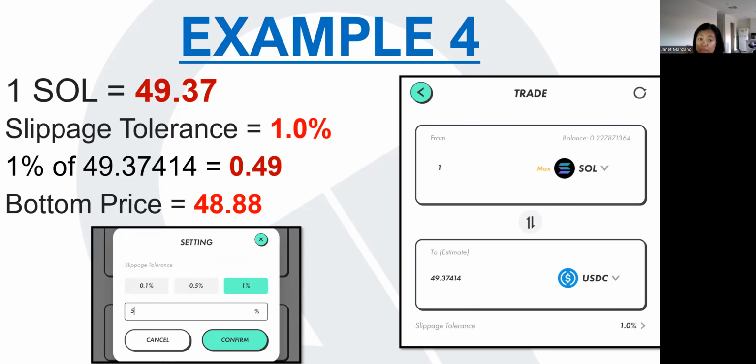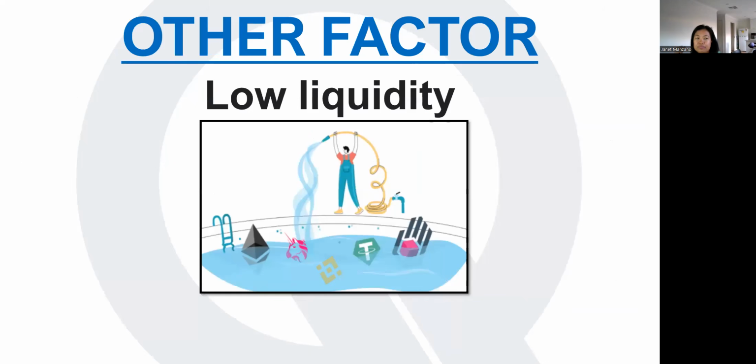Now, if you put 0 in there, it means whatever the market price is at the time the transaction is about to be executed will be the price that it will accept. So again, that's when you put 0. All right, so I hope you're getting now, guys, how to use this slippage tolerance.